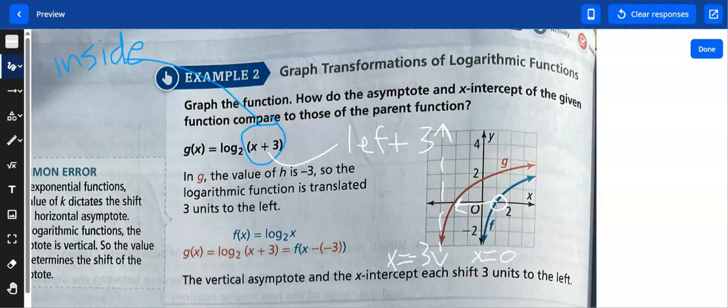I would expect the basic shape to be the same. And what would be one fantastic point to take off the blue one and use on the red one? The x-intercept, right? I literally am going to take that 1, 0 and slide it over 3 places to the left.